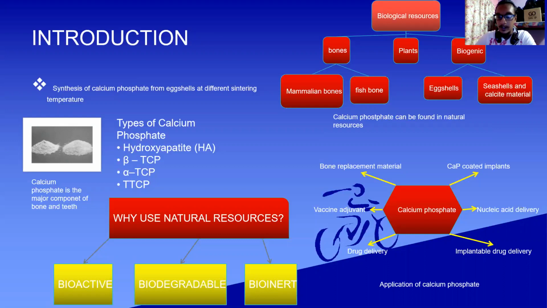The major applications of calcium phosphate are bone replacement material, CaP coated implants, nucleic acid delivery, implantable drug delivery, and vaccine adjuvant. So these are the applications.